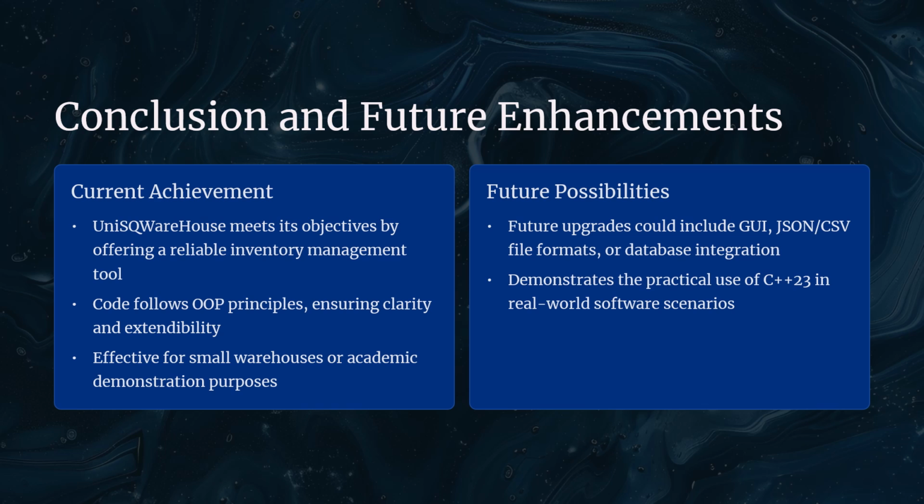The current achievement is that UniSQ Warehouse meets its objective by offering a reliable inventory management tool through vectors and linear search. The code follows OOPS principles, ensuring clarity and extensibility. This kind of model is very effective for small warehouses or academic demonstration purposes.